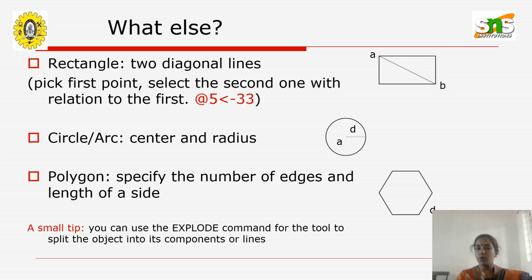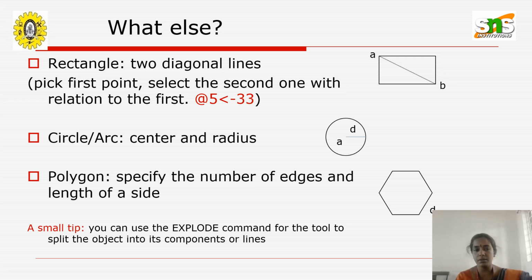Otherwise, you have an easier option, which is drawing a rectangle using the rectangle option, where you simply give the length as well as the breadth. If you go with the line command, you have to join them all, because if you select one line, only that line will be selected and the complete rectangle will not be selected. That is why we join the lines. So we have two ways.